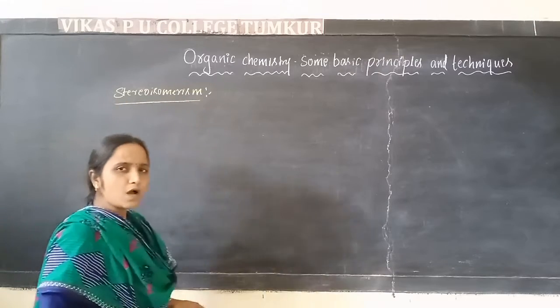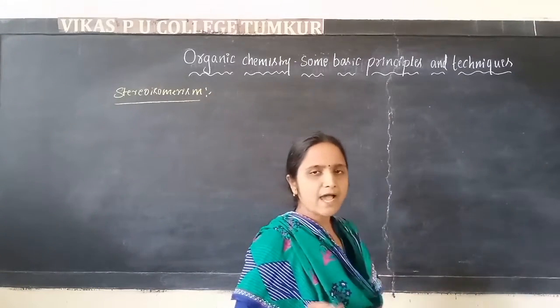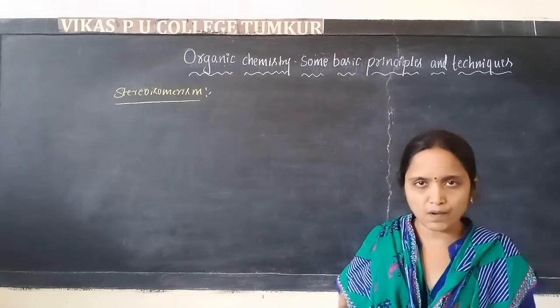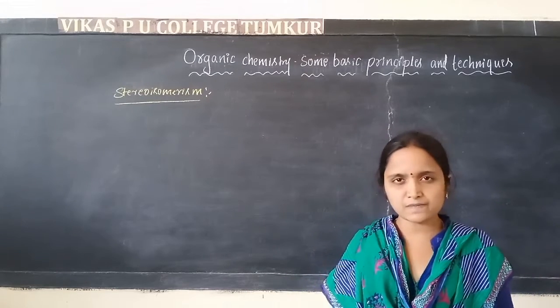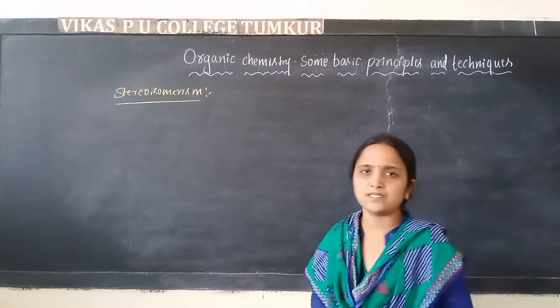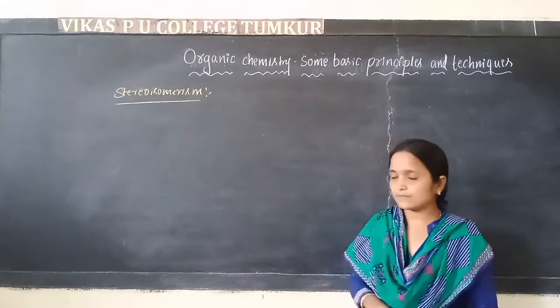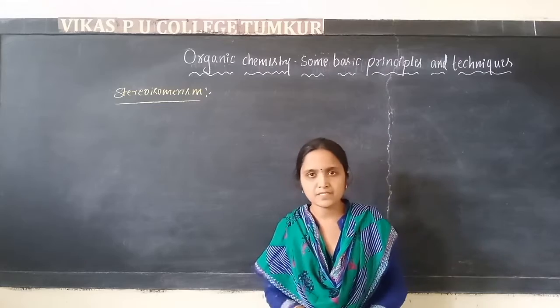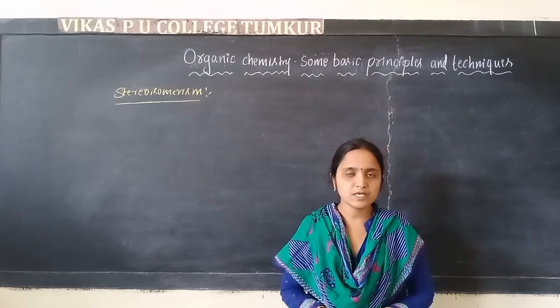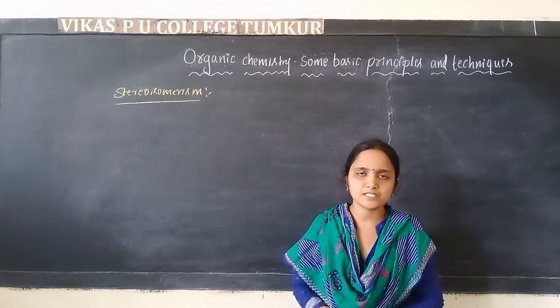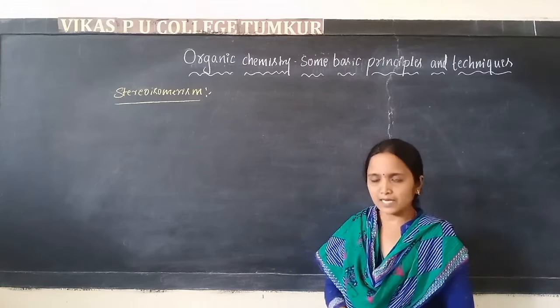Here, two or more compounds having the same molecular formula but differing in the spatial arrangement of atoms are called stereoisomers. The phenomenon is called stereoisomerism.